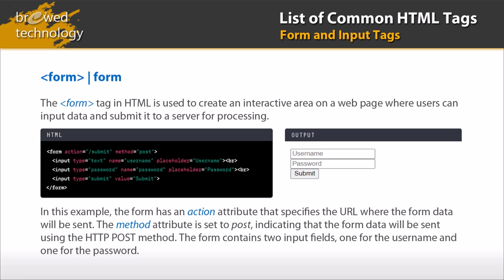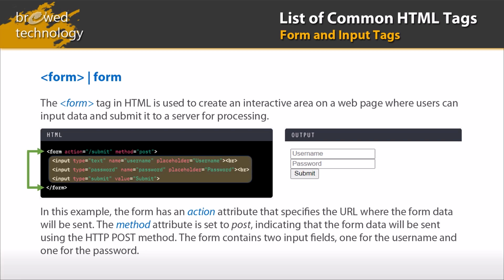The form tag in HTML is used to create an interactive area on a web page where users can input data and submit it to a server for processing. Here in our example, the form tag creates an interactive area by enclosing the input tags where user interaction will take place. That is, the input tag is where users will key in data.